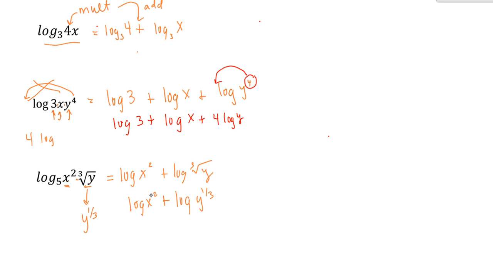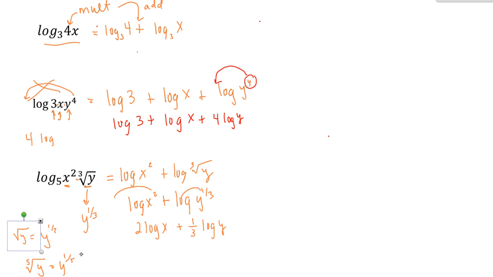Now I've got 2 powers, both of which are going to move out in front. So this becomes 2 log of x plus 1/3 log of y. This whole converting thing, the root of y, it's always just 1 over it. So if it was square root of y, that would be y to the 1/2. If it was the 5th root of y, that would be y to the 1/5, and so on.